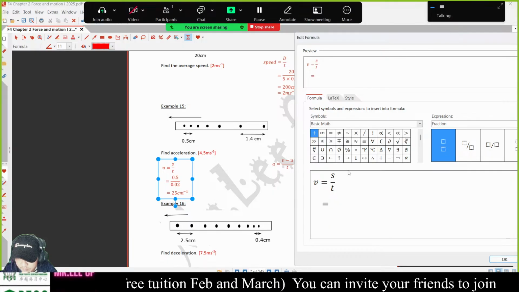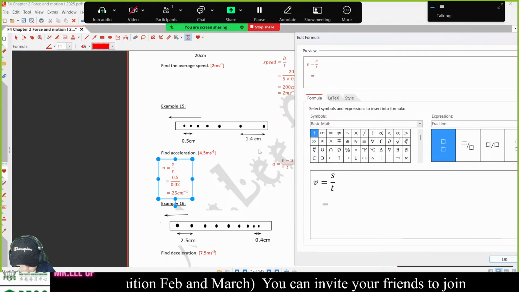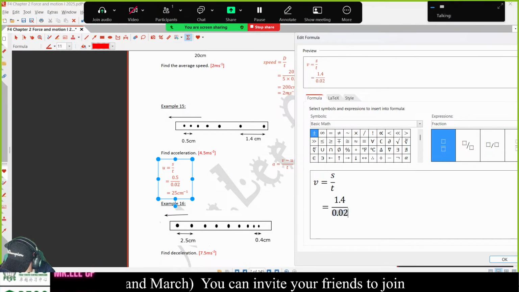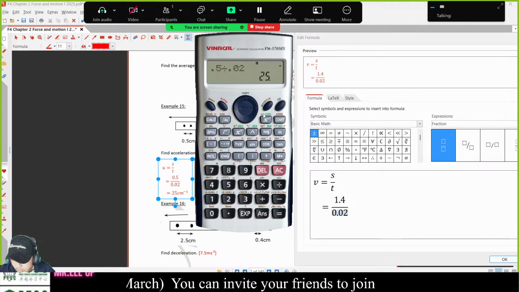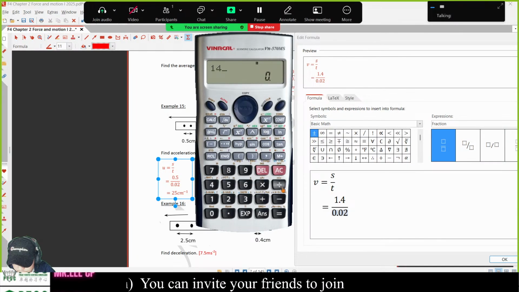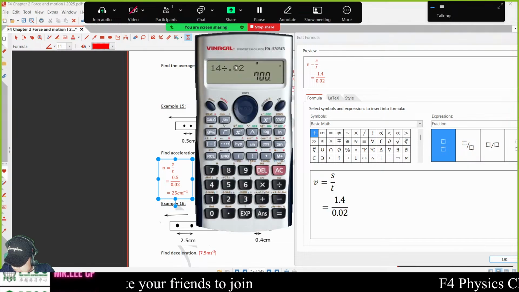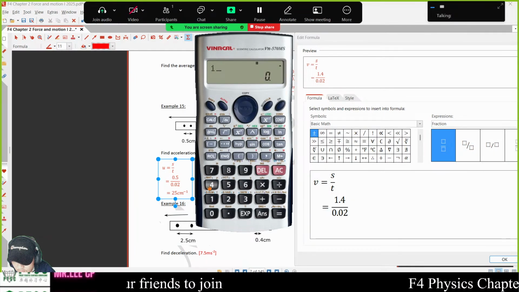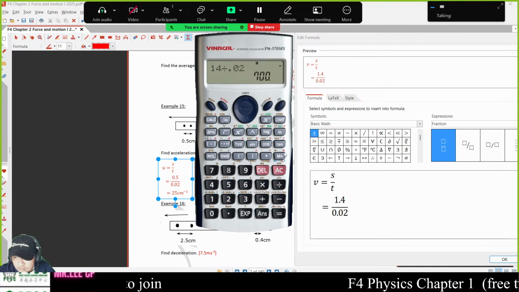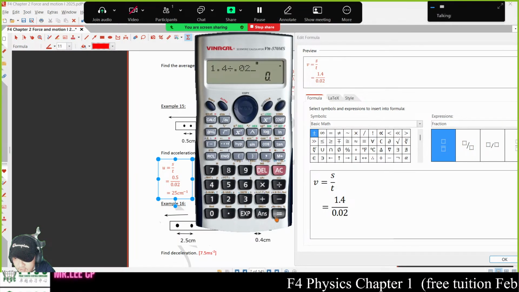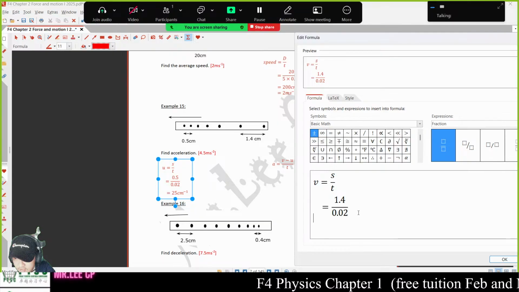So 1.4 divided by 0.02, you get 70, not 700. Okay, it's supposed to be 70.